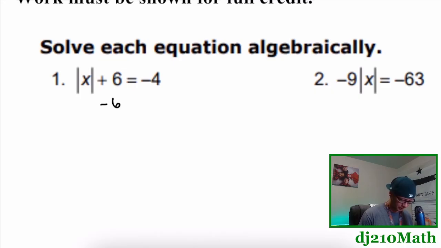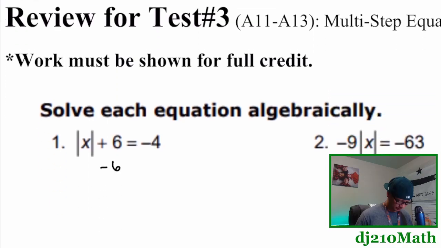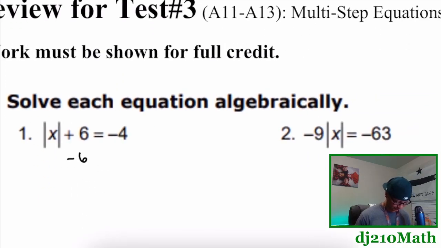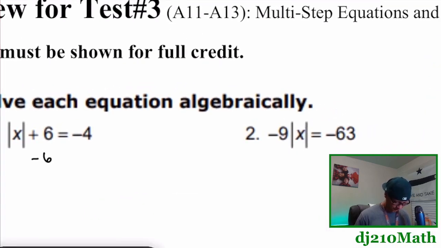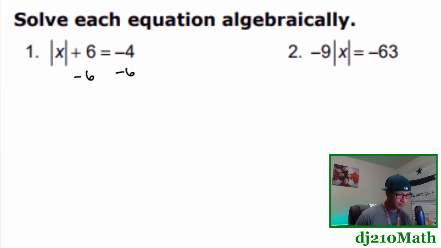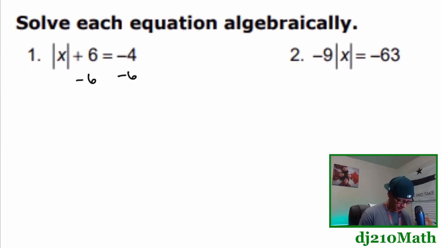So I'm going to subtract 6 from both sides. All right, so this is absolute value. Minus 6, so they're both negative. So you add them, negative 10.